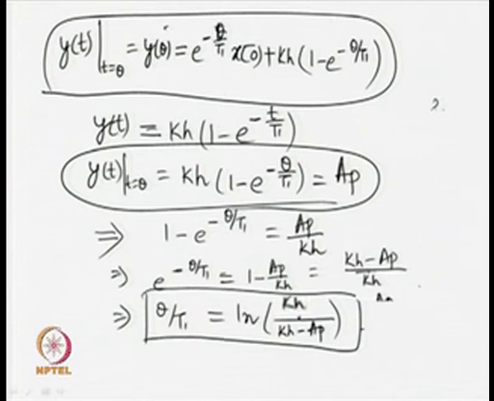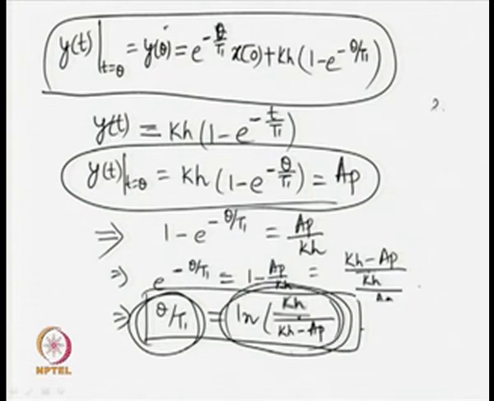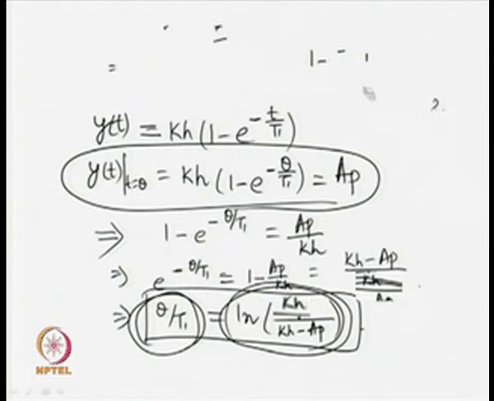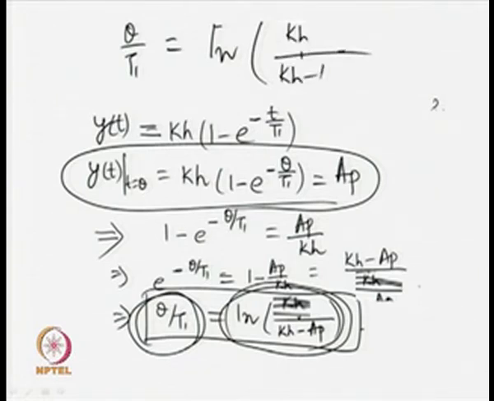This shows that there exists a relationship among the parameters of the first order plus delay time model and the peak amplitude of the output signal we get from the relay test. Finally, let me write down the expression once more to get insight into what benefit we get from it. So, theta upon T1 can be written as the natural logarithm of Kh upon (Kh minus Ap).